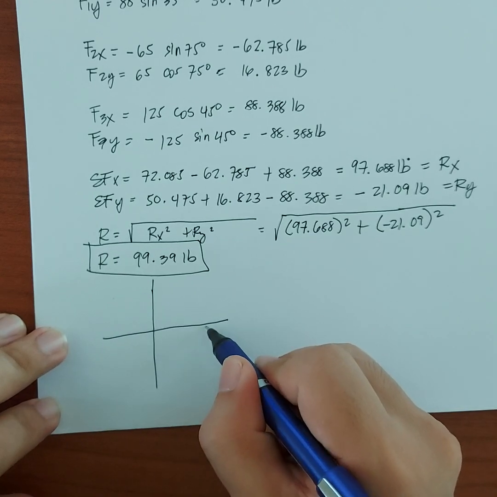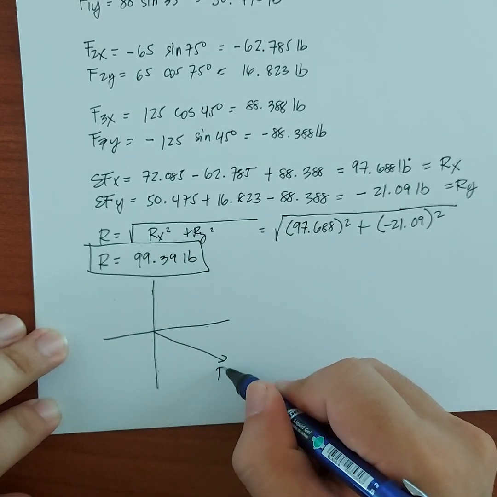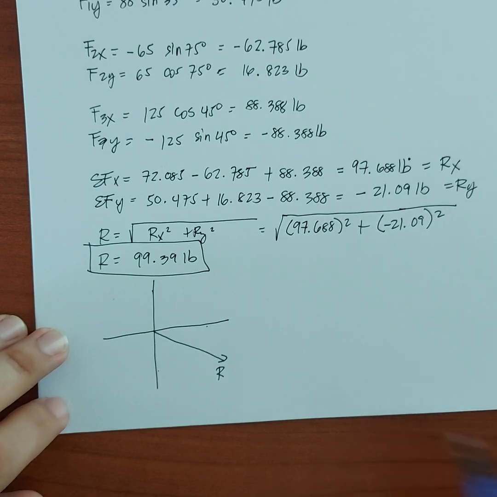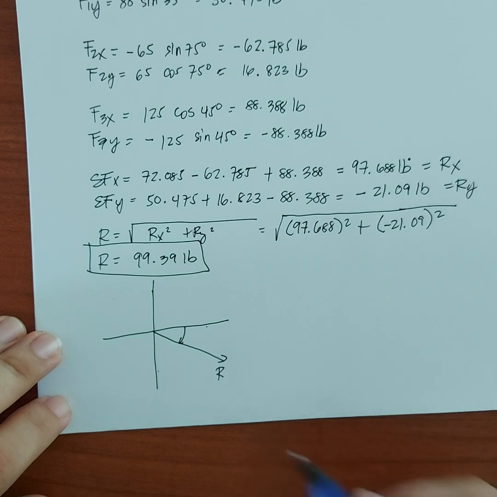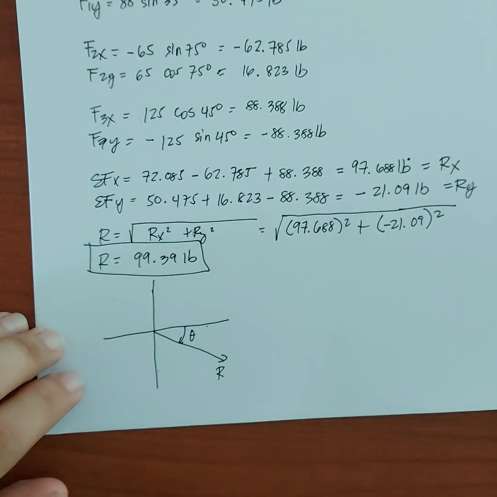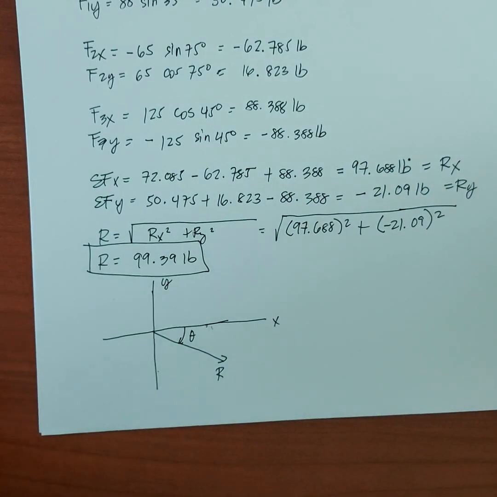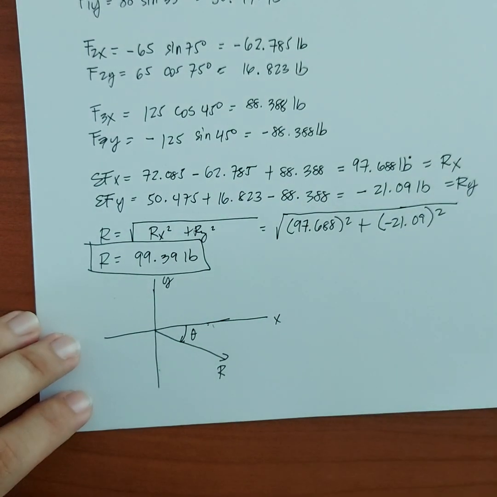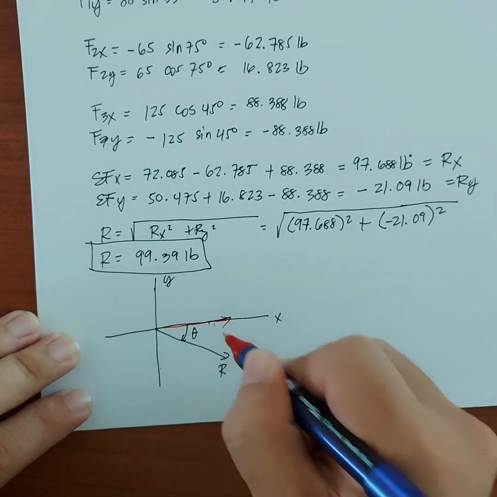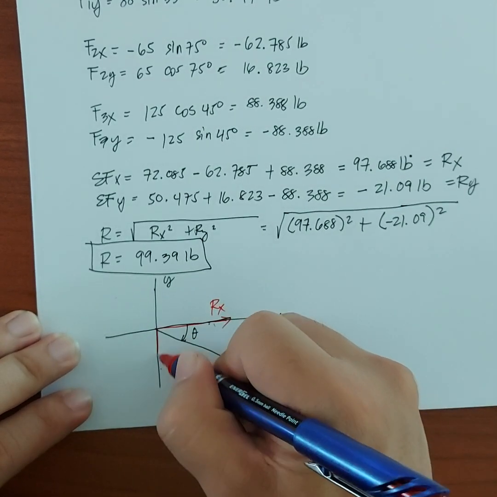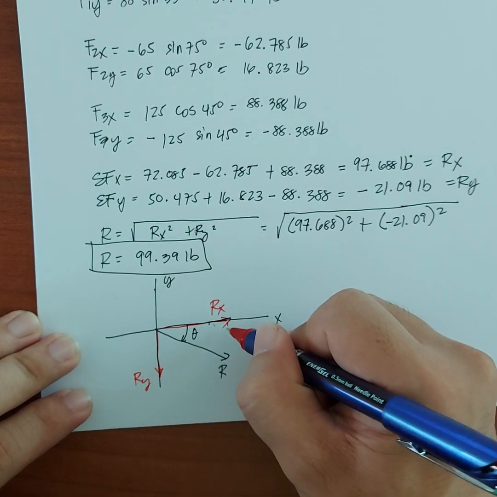So x positive, y negative. So basically nandito yung ating resultant. So yung direction niya from x axis, let's say angle theta. How do you solve for the direction of the force theta? So ito yung Rx natin, and this is Ry. So force triangle.